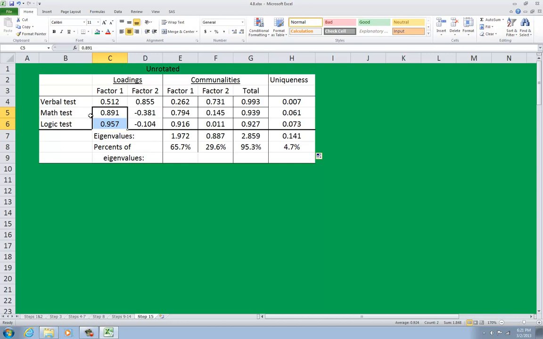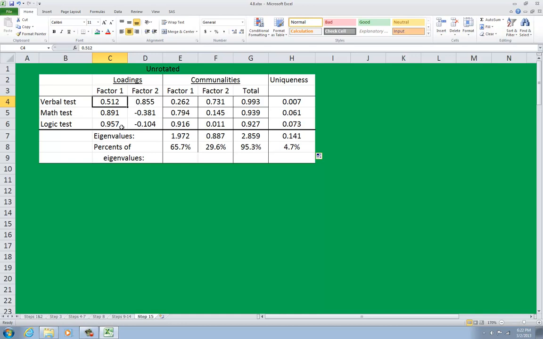So once again, just going over the factors here and what they mean, we can see that the first factor is most highly related to the math test and the logic test. But the verbal test loads also quite strongly, 0.512, which isn't that bad.